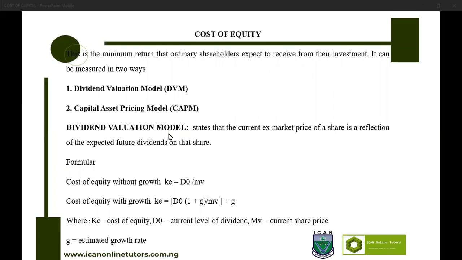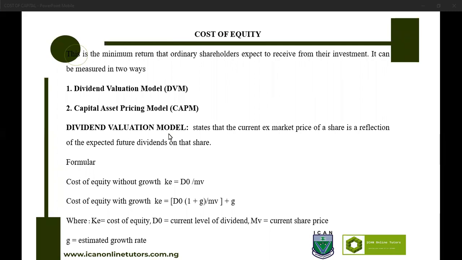The cost of equity using the dividend valuation model without growth is calculated as cost of equity equals your current dividend, D0, divided by the market value of equity, ex dividend.